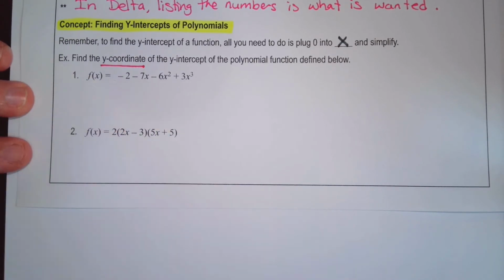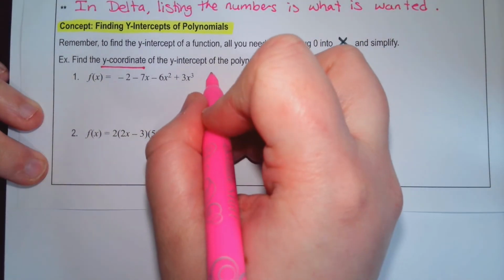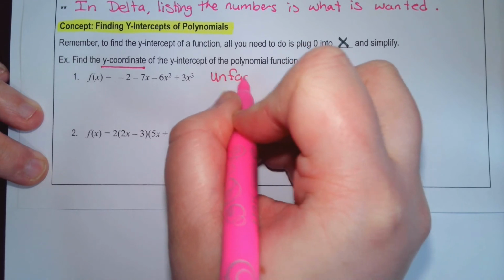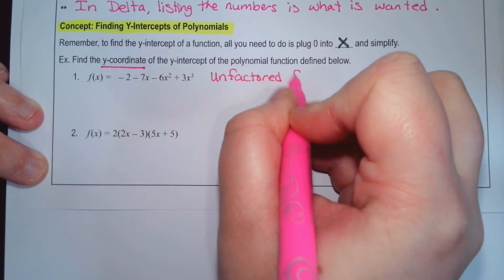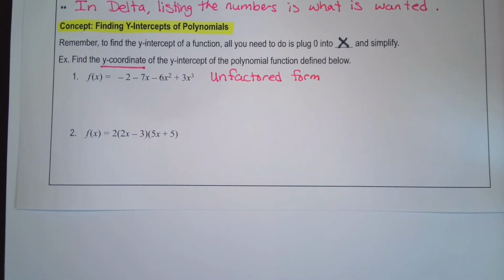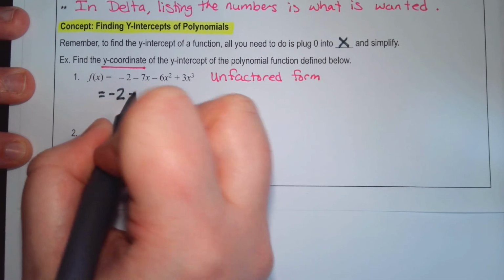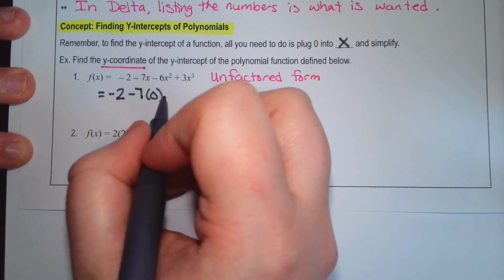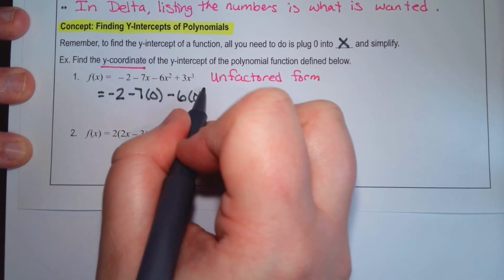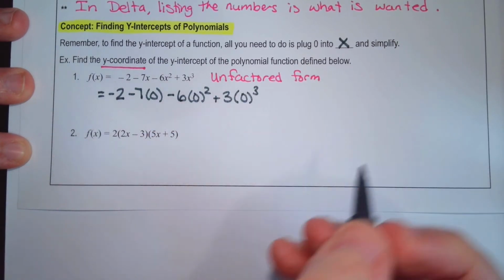So, for our first one, this is what we call unfactored form. So all you have to do is just replace all the x's with a 0. So -2 minus 7 times 0 minus 6 times 0 squared plus 3 times 0 cubed.